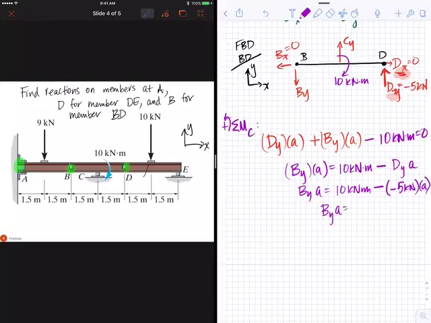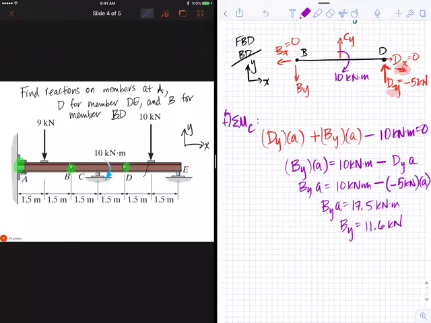By A is equal to 17.5 kilonewton meters, and now By is equal to 11.6 kilonewtons if A is equal to 1.5. So now what does that mean? By is 11.6 kilonewtons. So again, watch the signs. The magnitude is correct. The sign is correct for By. But what direction is By pointing in? By is negative 11.6 kilonewtons j hat.